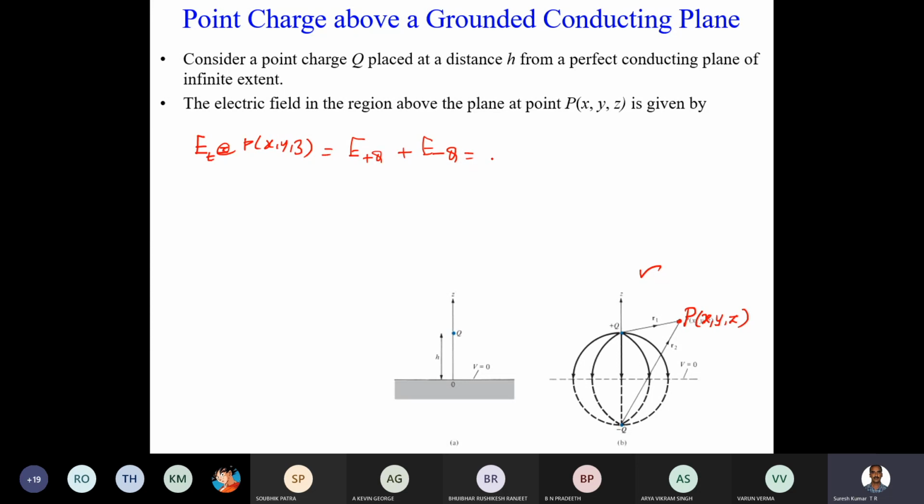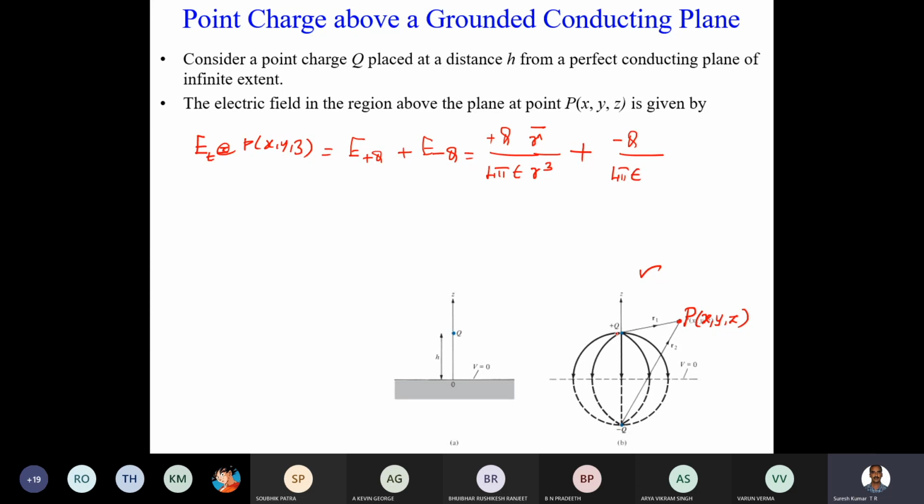The formula for the electric field due to a positive point charge is q over 4 pi epsilon, epsilon or epsilon naught, anything you can take, times r vector over r cubed, right? Or you can take a_r unit vector over r squared, anything you can take. Plus, due to the negative charge, minus q over 4 pi epsilon.